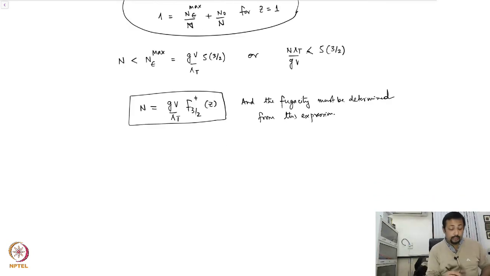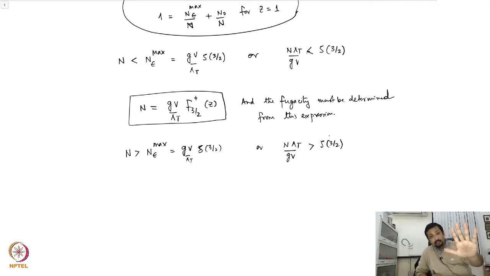Now, in contrast, when N is greater than N_epsilon max, which is GV over lambda_T zeta 3/2, or N lambda_T over GV is greater than zeta of 3/2, then you have hit the limit in putting particles in the excited states.